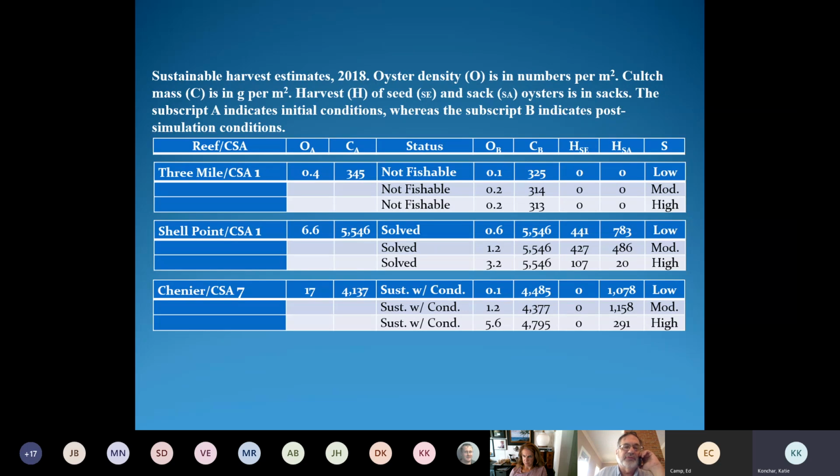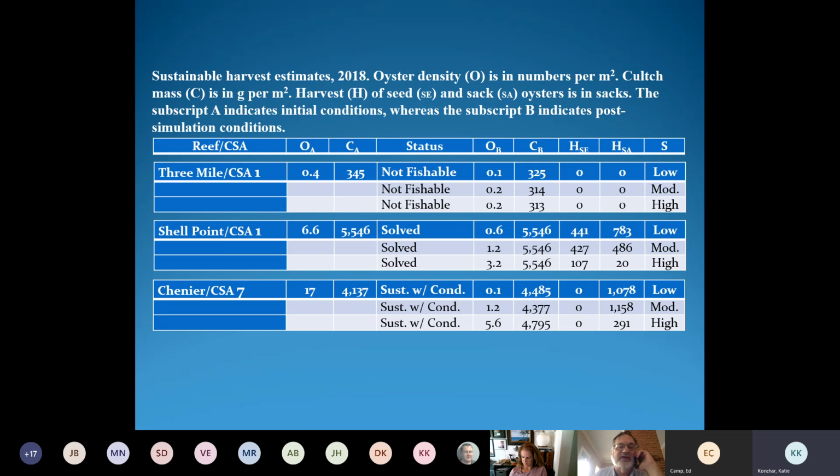Then we go to Chenier Reef, which is in CSA 7. In CSA 7, there is no fishing for seed. So the oyster abundance is much better, about 17 per square meter. There's a good amount of culch. So with the conditions that are applied to the scenario, namely the fishing conditions, the model doesn't go all the way to sustainable criteria.